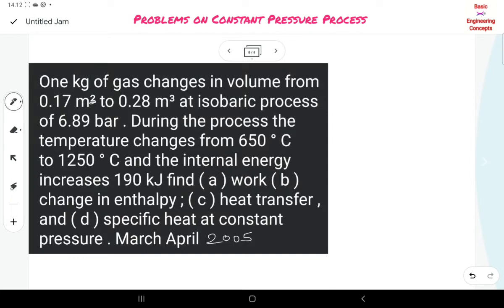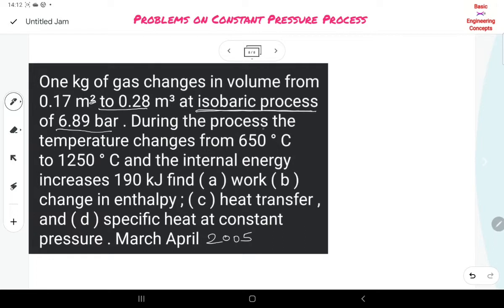The second problem is: 1 kg of gas changes in volume from 0.17 meter cube to 0.28 meter cube in an isobaric process. Isobaric means constant pressure process, of 6.89 bar.